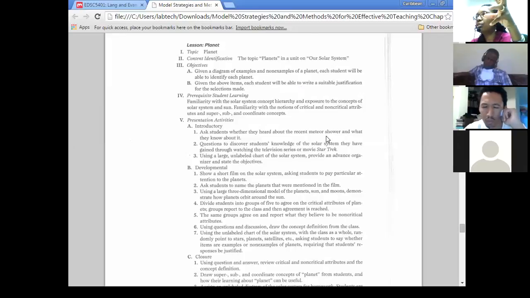And you could also add a dimension of the affective by introducing an objective that speaks to the attitude towards the outcomes perhaps of exploring the solar system, and have students respond to perhaps some controversial issue about exploring the solar system in some way. You understand? So you could tweak that, you could add those to it, but as it is right now, these are all cognitive. All right.